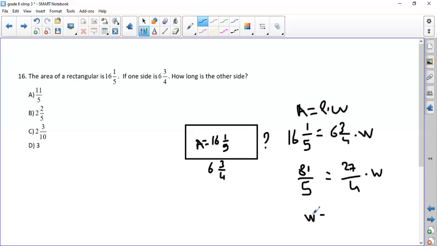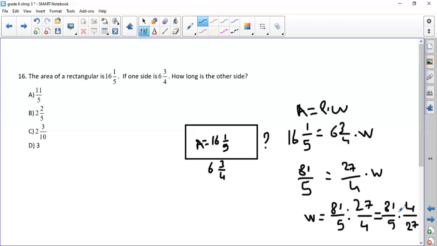So what is the length of this side? It will be the area divided by one side. 81 over 5 divided by 27 over 4. So we have a division of two fractions. To perform this division, as we have learned, we do 81 over 5 times 4 over 27.